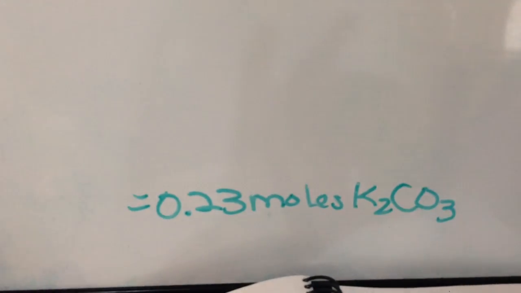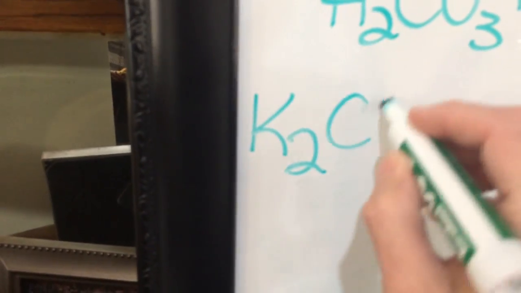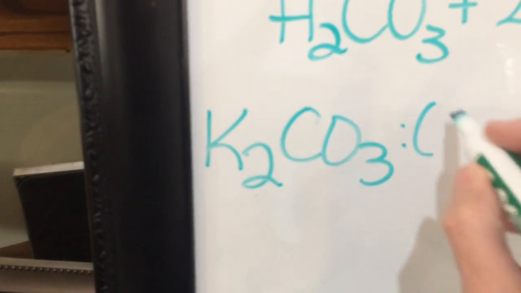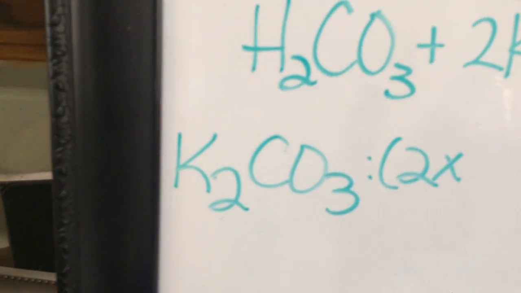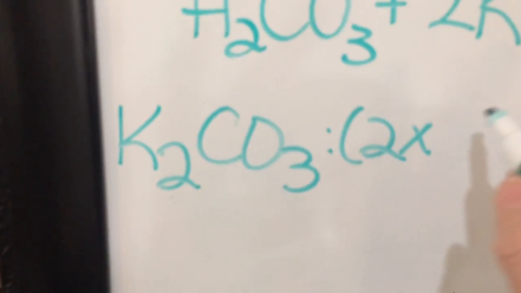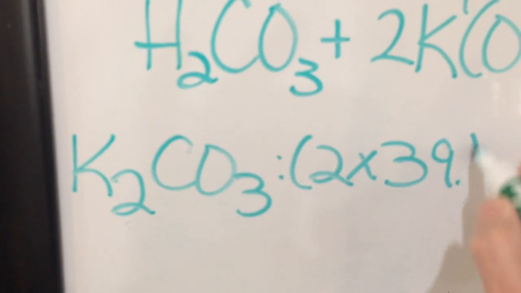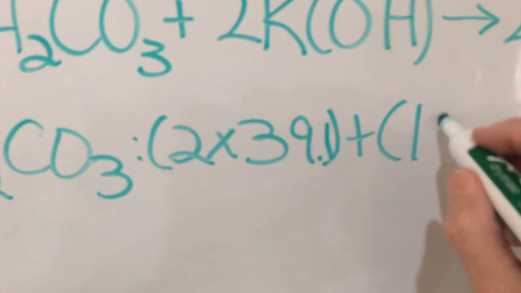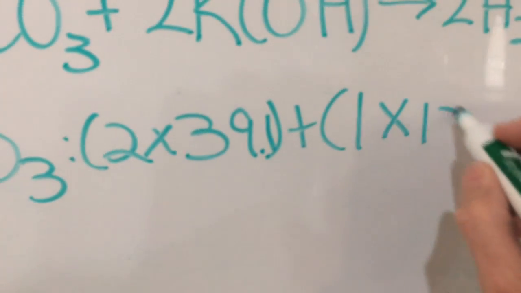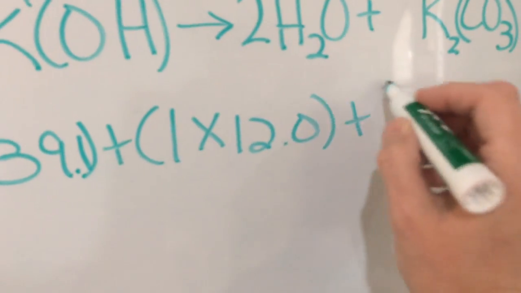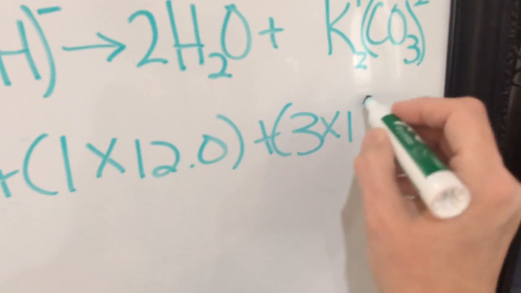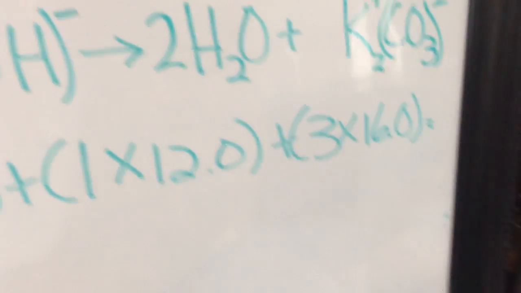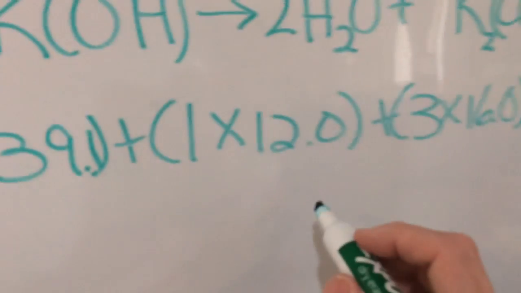So if I figure up the weight of K2CO3, I'm going to have 2 times 39.1, plus I have 1 carbon, 1 times 12.0, and I have 3 oxygens, 3 times 16.0. I'm adding these up so I can't go past the tenths place.